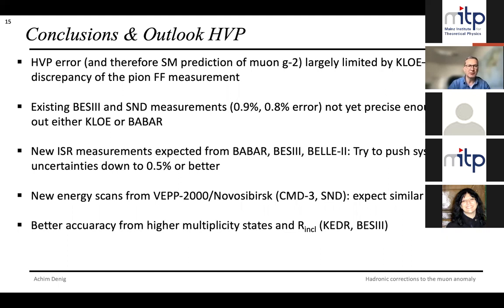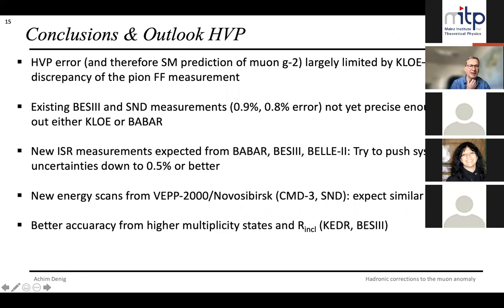I've shown to you that we have to measure this 2 pion channel precisely. Presently, there's a discrepancy between the most precise data sets from KLOE and BaBar. And luckily, new facilities will provide new data. There's an update of BaBar. BESIII will do this measurement. Novosibirsk will do this measurement in a classical energy scan. But also Belle 2 will be doing this with the large statistics which will be available.